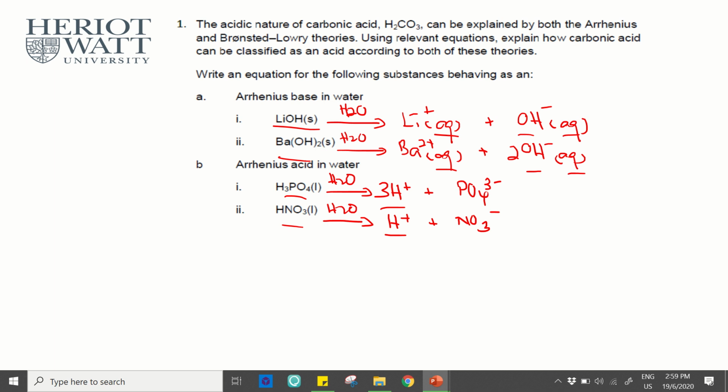So even if you put a dry litmus paper into this nitric acid liquid, you don't see any color change. By right it should turn red, but it will not change color due to no water, or no H plus present. Because no water, there's no dissociation. All right, so that's question number 1.